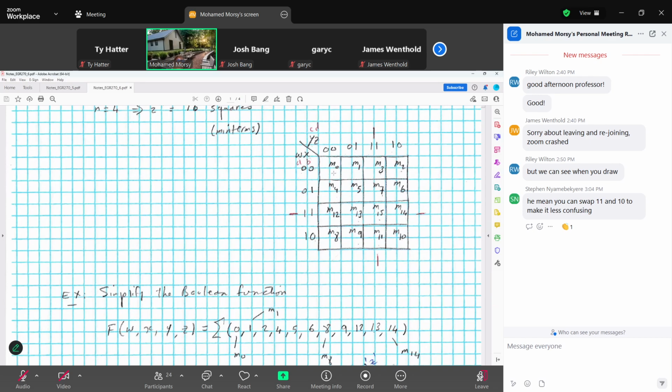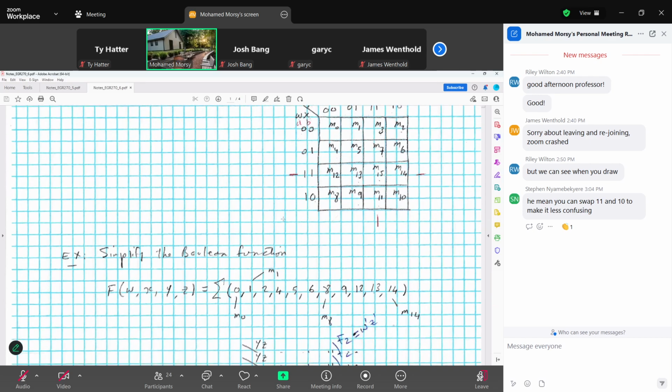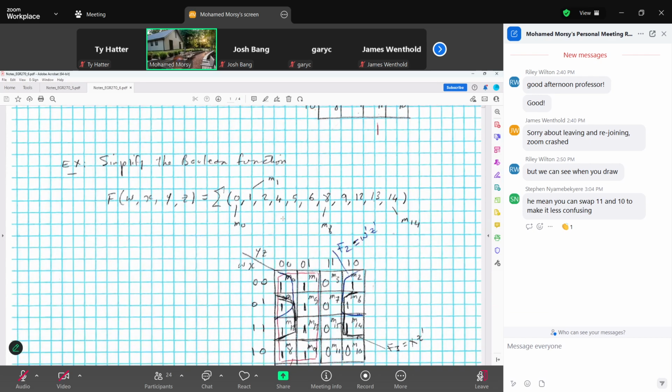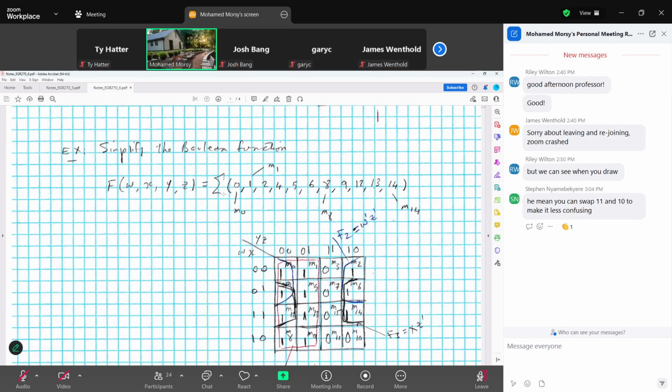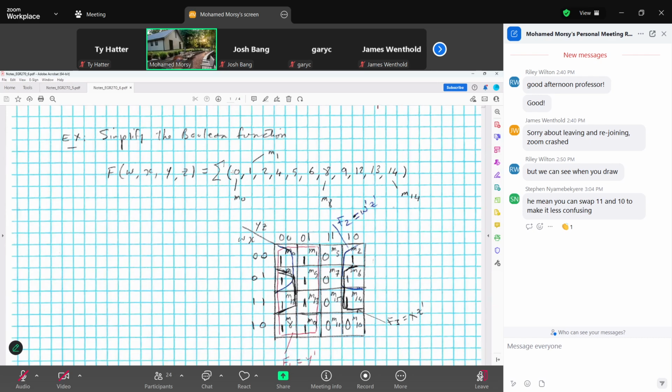But after that, we have to look at whether M0 is 1 or 0, M1 is 1 or 0, and fill out this map with zeros and ones. Example, simplify the Boolean function given in terms of min terms here. So all these min terms listed are ones.